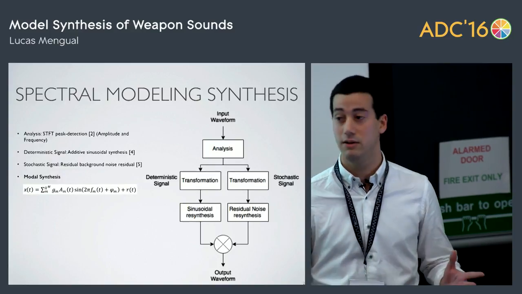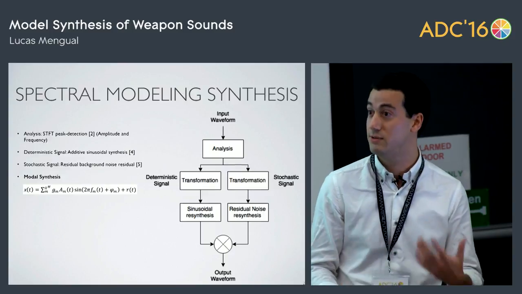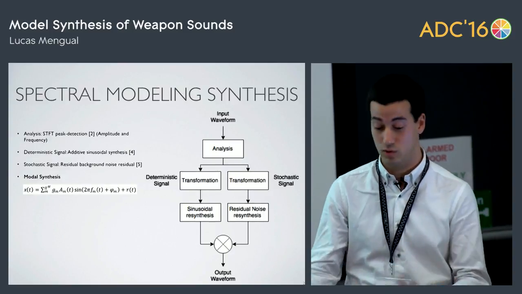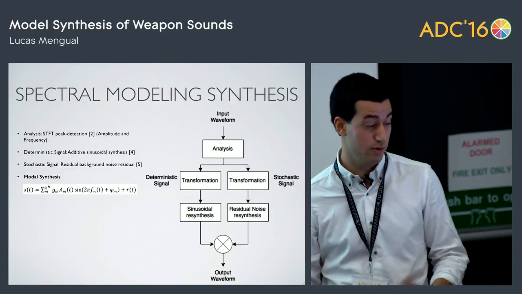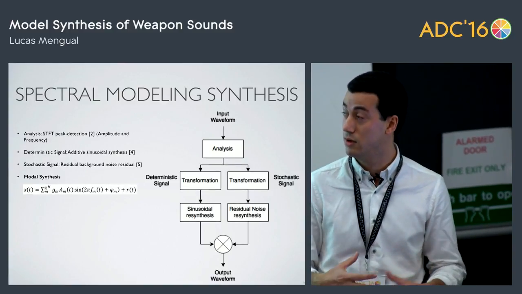Then these values go into the deterministic part, which is the additive synthesis, and the stochastic signal, which is the residual part of the model. That's pretty much the overall idea.